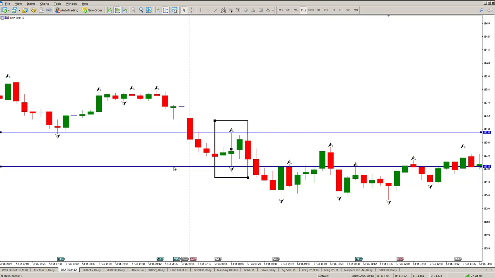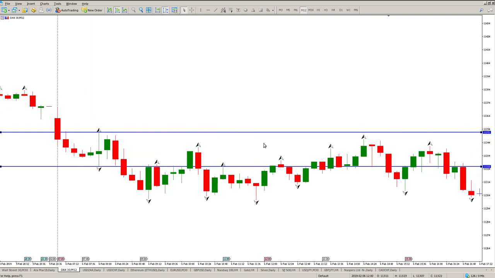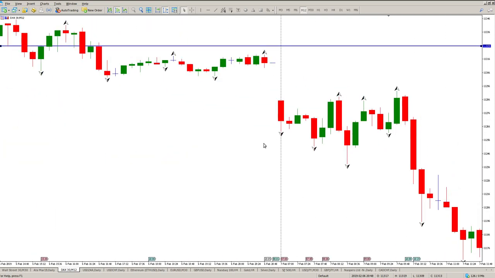So from a technical point of view on the candle, that is a range bar, but it is still a fractal. 2 lows to the left, 2 lows to the right, 2 highs, 2 highs. So it's a range bar, but it could also be seen as what is commonly known as a diamond pattern. This kind of stuff is, to me, probably the most important setup on my charts, and that is fractals.